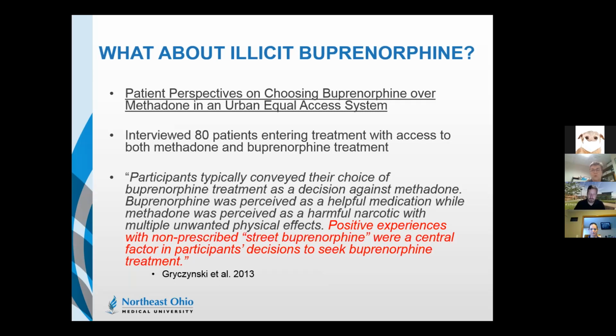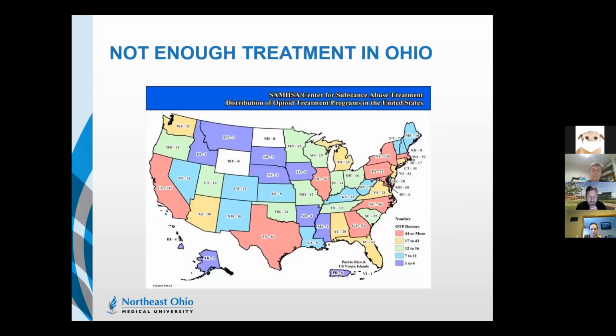So we want those patients to make that transition from illicit to prescribed buprenorphine as soon as they can, and they're usually seeing us because they want to do that too. We shouldn't see that illicit use as an impediment or an indication that they're not going to do well or that they're going to have other illicit use of other drugs. We ought to see it as a motivator.